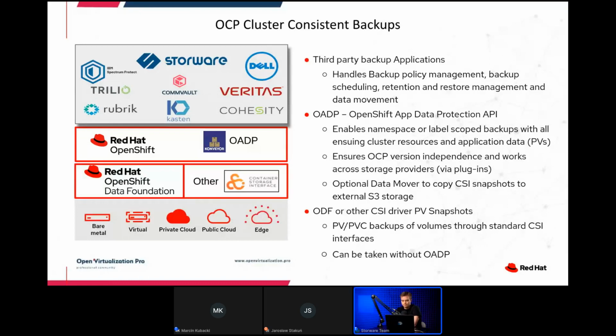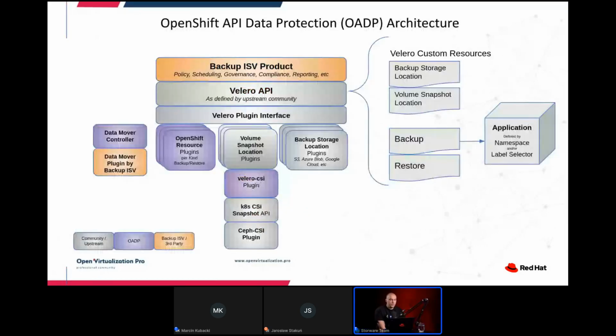Yeah, so in general, we didn't want to reinvent the wheel, but we wanted to leverage the best solutions developed by open source communities. And in this case, of course, one of the famous and most complete solutions in this area is Velero. So basically, Velero is also a foundation for OADP.